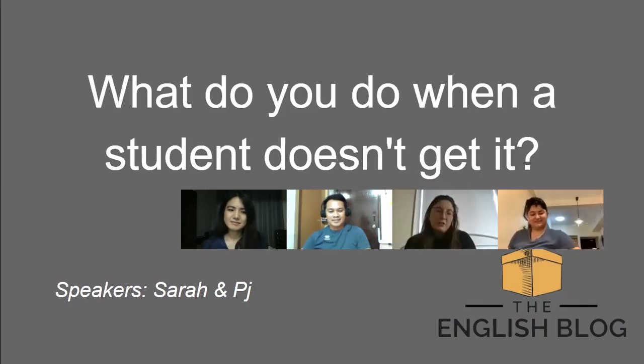So if you've got a student who just doesn't get it, first you need to look at your lesson plan. And you need to make sure that you have multiple ways to present this material. Not everybody is going to learn it in the same way. So if you're only presenting it in one way, they need to understand your spoken instructions, or they need to be able to read and self-study. Then you might have people that are not going to learn it that way.